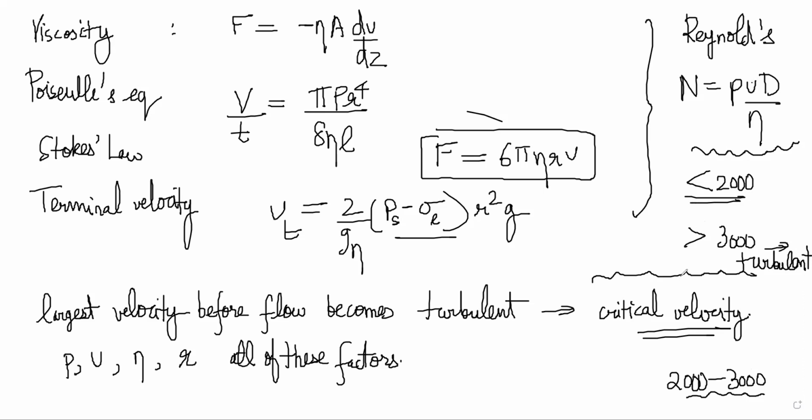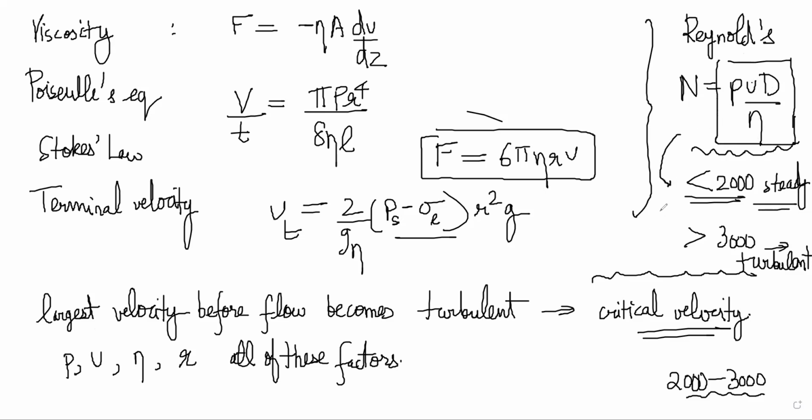Less than 2000, mostly flow is steady. This calculation can be easily done by you depending on the situation. Given the density, velocity, diameter of the tube and eta, you can easily do this calculation.